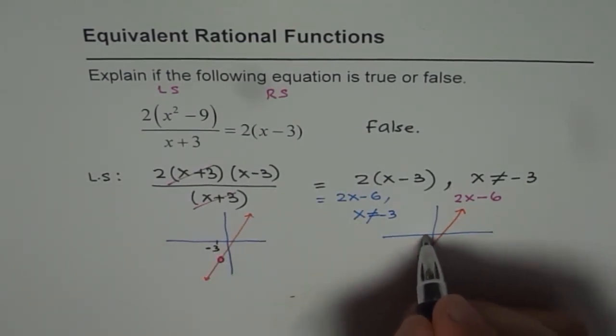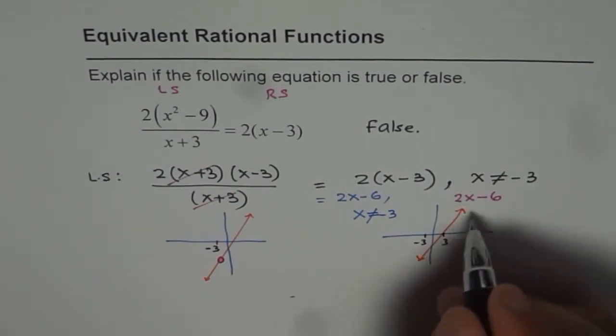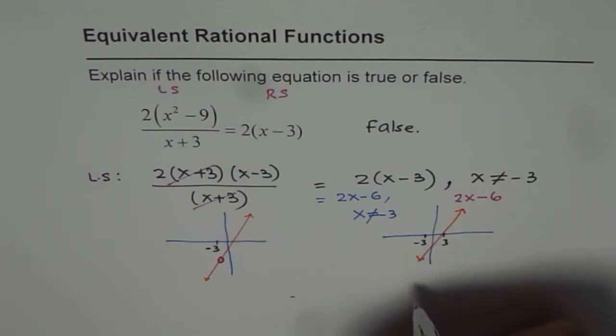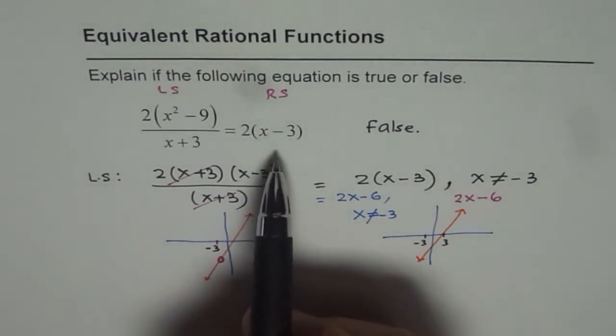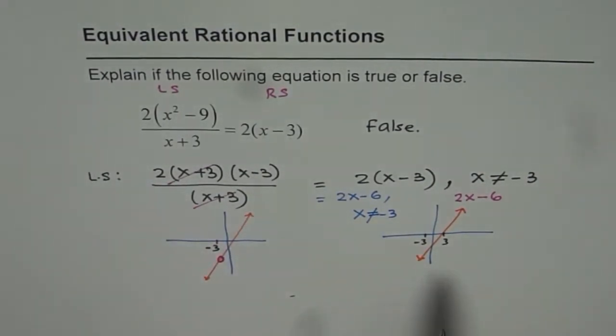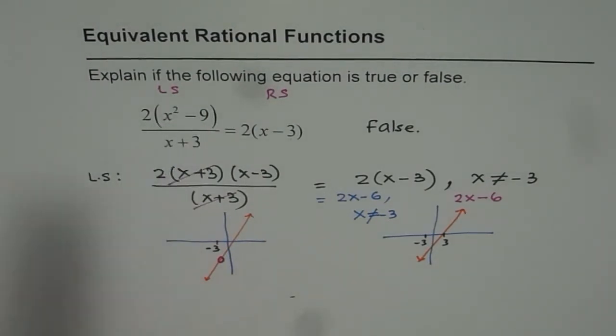But in this case, it is continuous. There is no discontinuity. Do you see that? So 2 times (x minus 3) is a continuous function without any restriction, whereas 2 times (x squared minus 9) divided by (x plus 3) is a discontinuous function with a hole at minus 3.